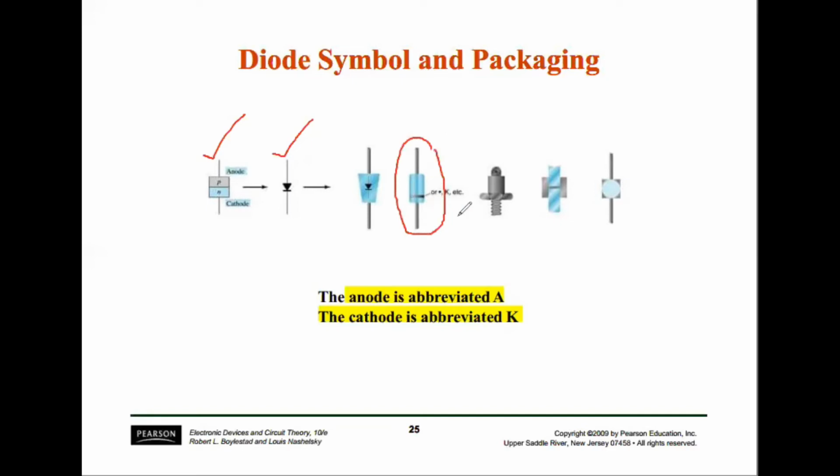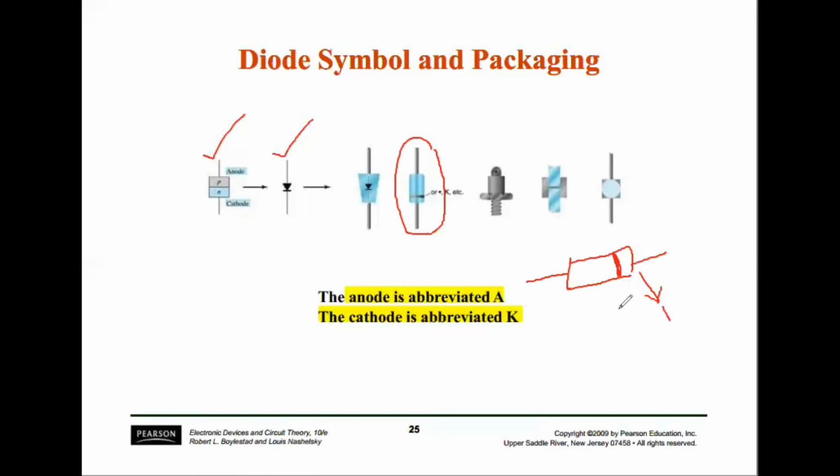Okay, it will be a cylindrical shape like this, and it will have a band here, just like here. So the band is the indication of a cathode.